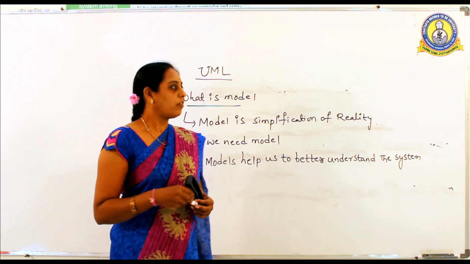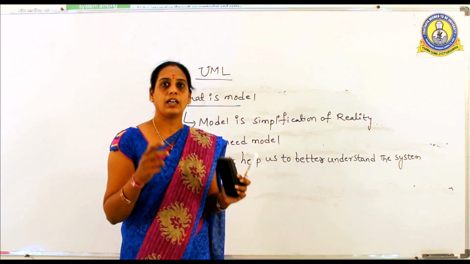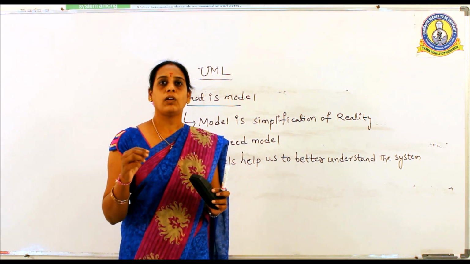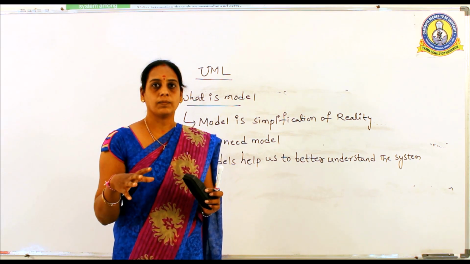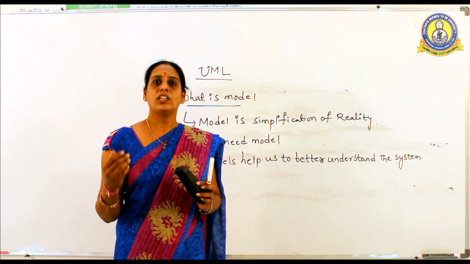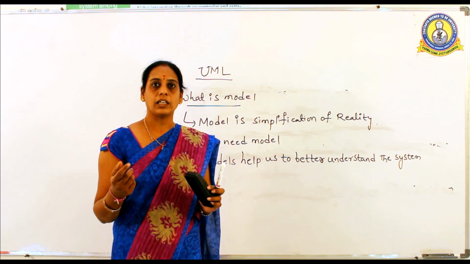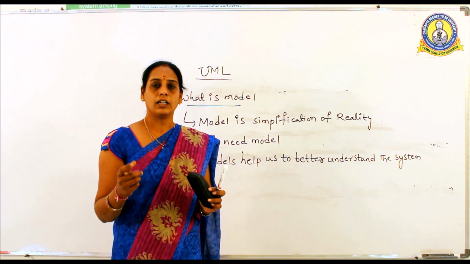For example, after seeing the model, you will get an idea of how many rooms are going to be there in our house and which room will be located at which part of the house. And if you don't like that model, you can even make changes in the plan so that we are not going to waste money and we are not going to waste time.